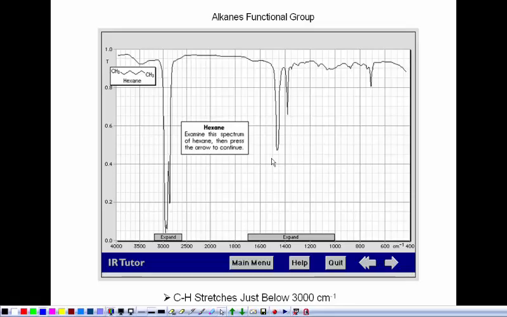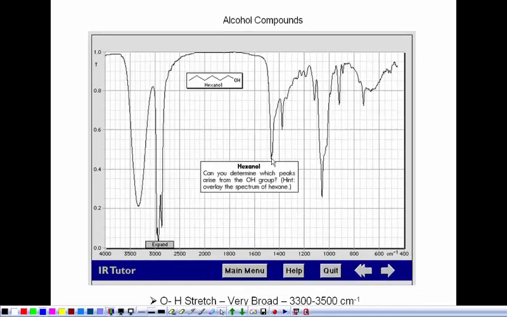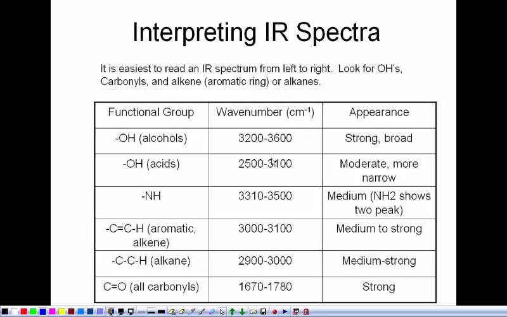So if we summarize all of the infrared region that's important to us, here's what it is. We look for alcohols at 3200 to 3600. They tend to be strong, broad peaks.